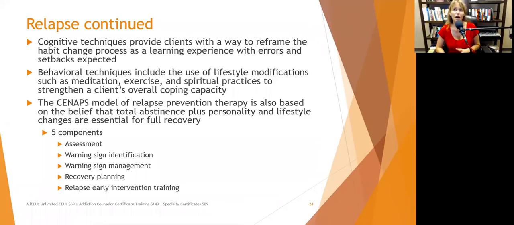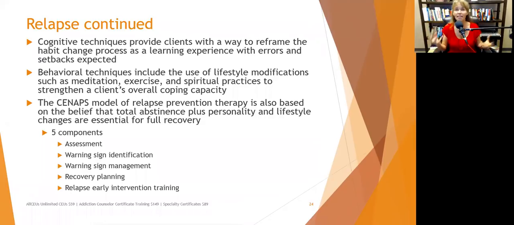The CNAPS model of relapse prevention therapy is also based on the belief that total abstinence plus personality and lifestyle changes are essential for full recovery. And you can learn more about CNAPS if you just Google it online. There are 5 components to the CNAPS process: assessment, warning sign identification, warning sign management, recovery planning, and relapse early intervention training.